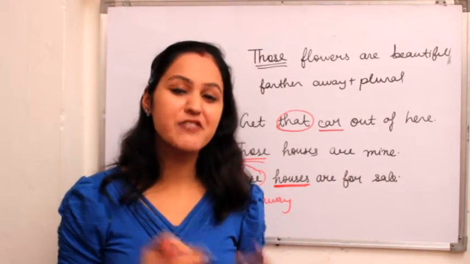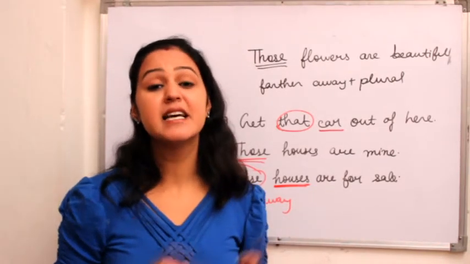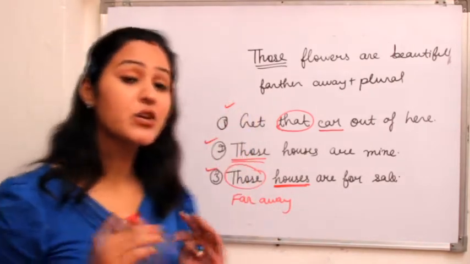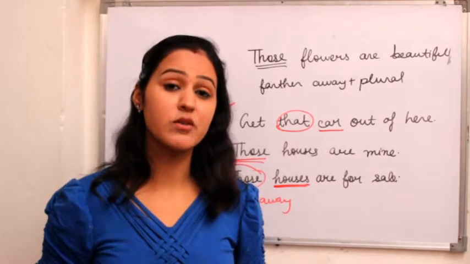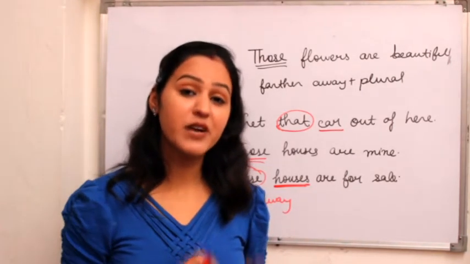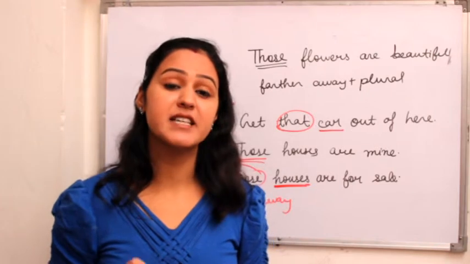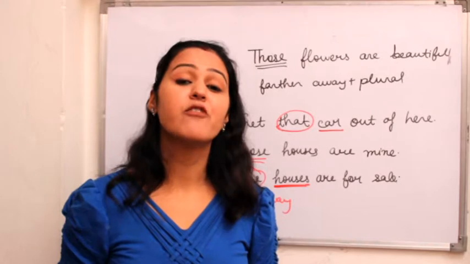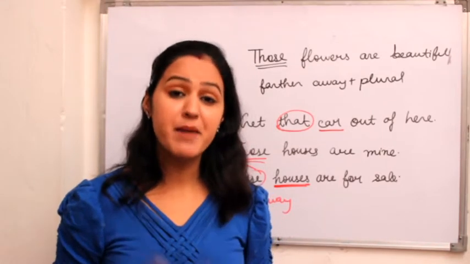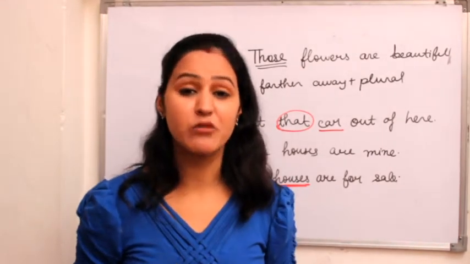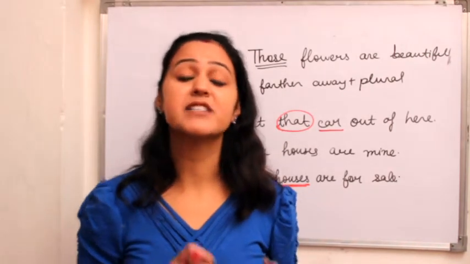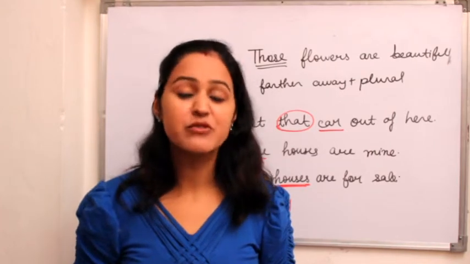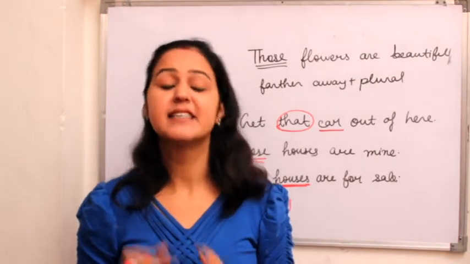Now you are very familiar with this, that, these, those. Where we can use them, you have to recognize what type of sentence it is. It may be singular or plural. When you are talking about things that are very near to you, you write this and these.